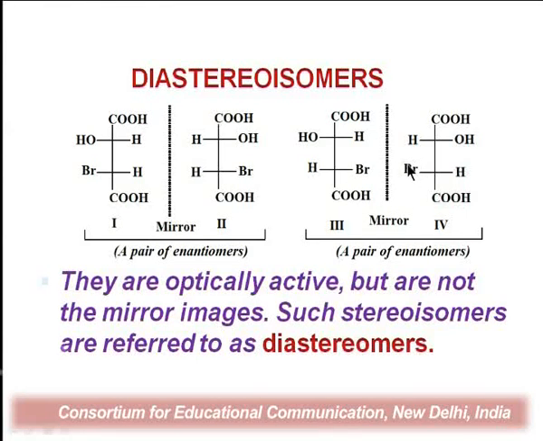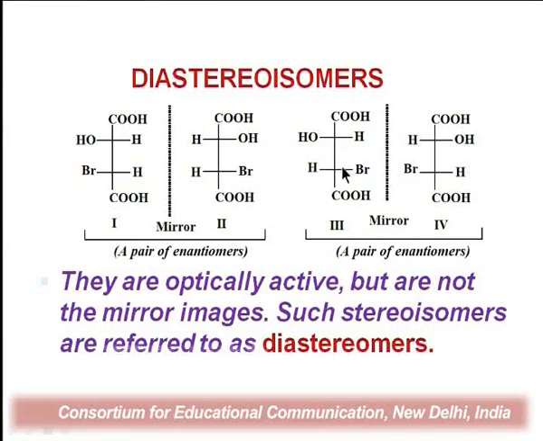Now the question arises, what is the relationship between 1 and 3 and 2 and 4? Are they mirror images of each other? Are they superimposable or are they non-superimposable?